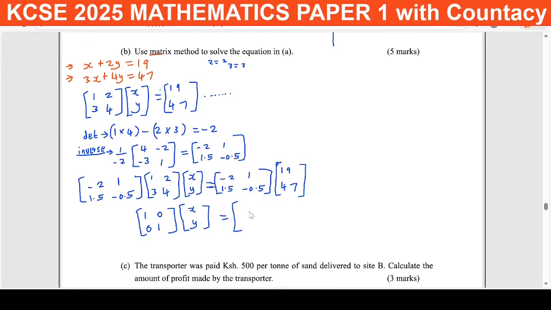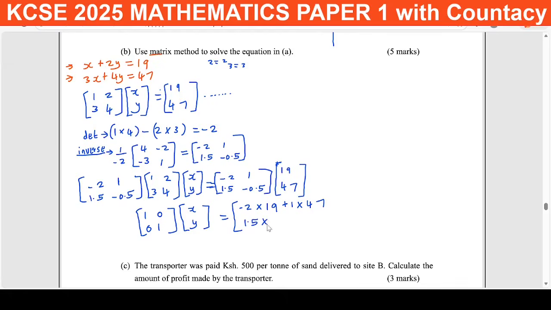This is -2 multiplied by what we have here, 19. And then we have plus 1 times 47. This is 1 multiplied by 47. For the lower part, we have 1.5 times 19.